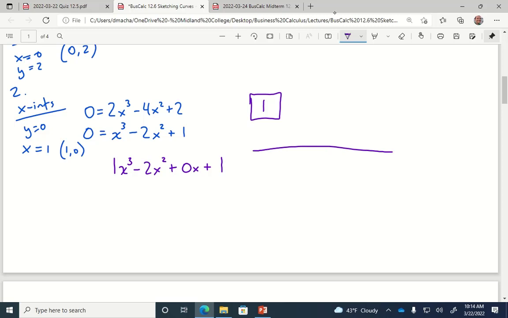So what I'm going to write over here for synthetic division, you can look this up if you're really curious. What I'm putting out here is 1, -2, 0, 1. The way synthetic division works is you always carry down the first number. So I put a 1 underneath this line, just because that's a 1.